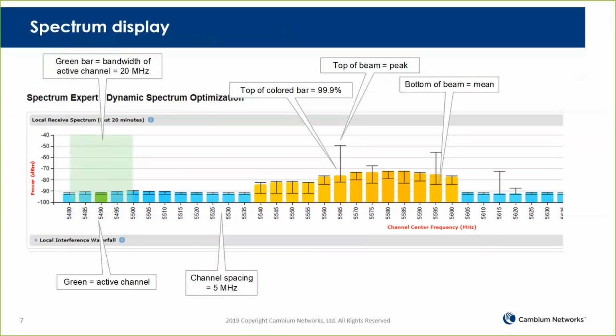The little spectrum analyzer display is in channels in 5 megahertz increments. The reason we are showing that is those are all the channels that are available for selection. Even though the channel bandwidth of the radio is 20 megahertz, the channels that we can pick from are on a 5 megahertz raster.